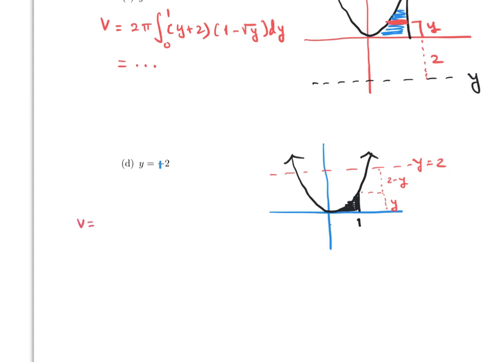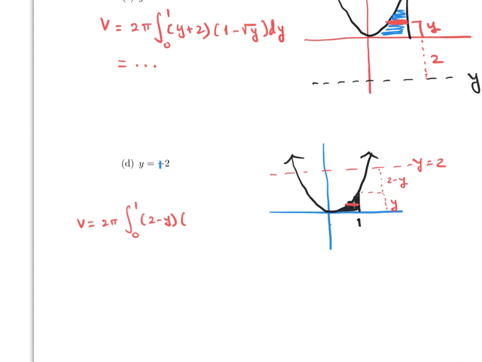So it's very similar to 3 part b. So therefore the volume is going to be 2 pi, the integral from 0 to 1. The distance is 2 minus y now, which is this part. And then the biggest area is 1, and the smallest area is the square root of y, which is this part.